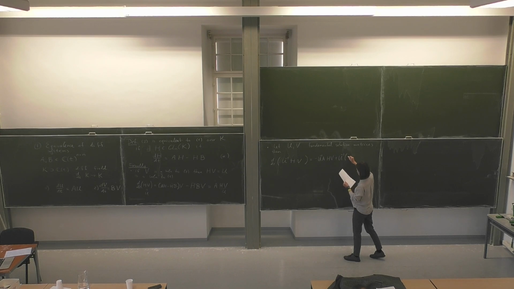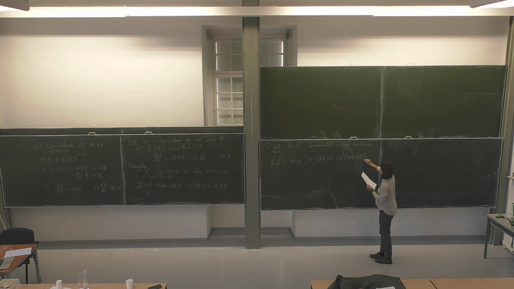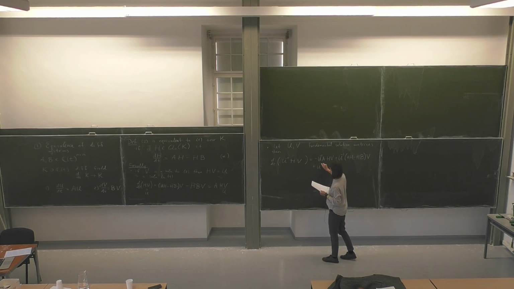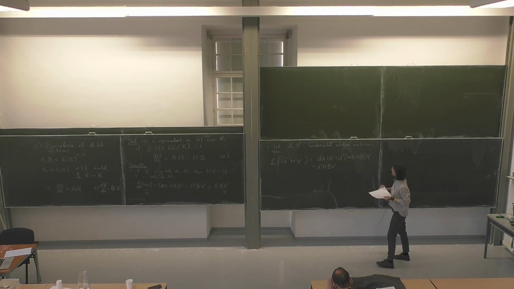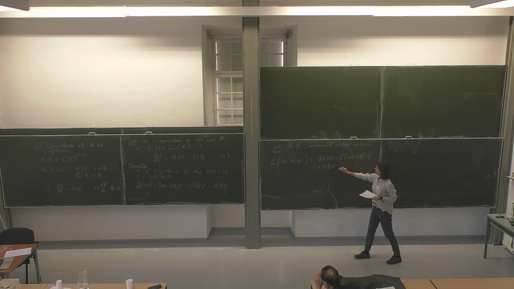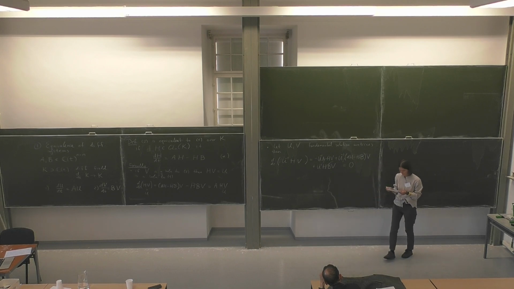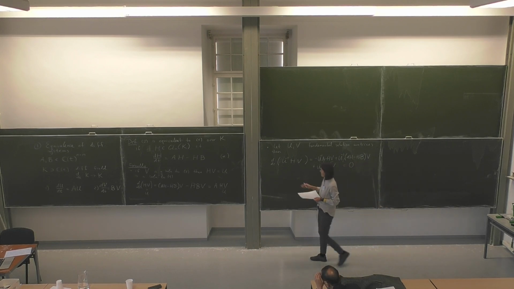Plus, now we differentiate H. And now we differentiate V. And here, these two cancel, so we get 0. So this is a matrix of constants. If we can define it, then this is a constant matrix.